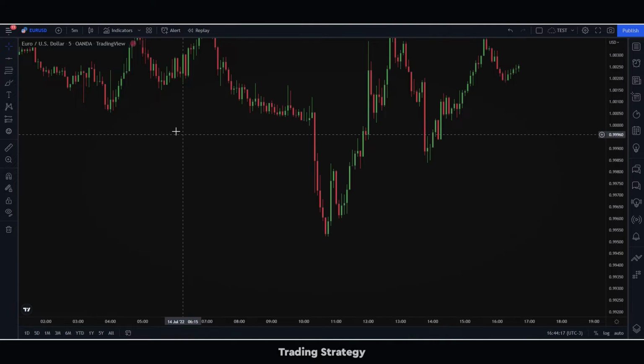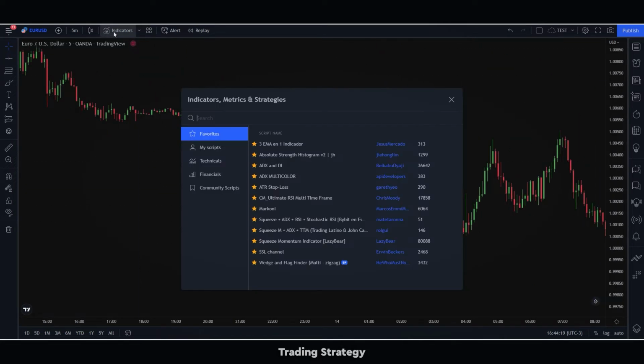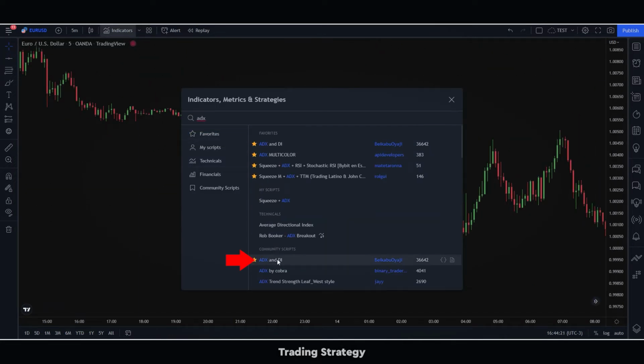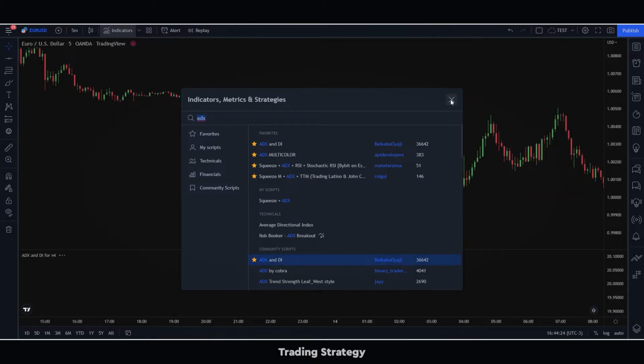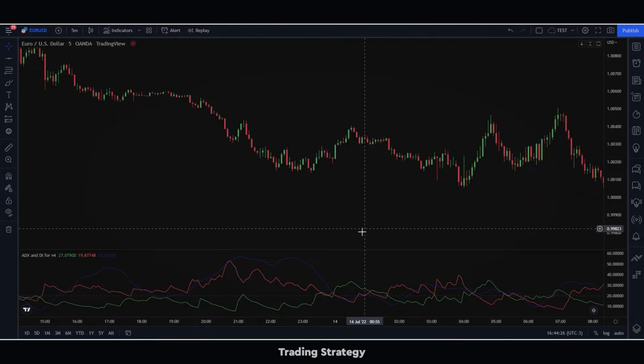The first thing we will have to do is select the ADX plus DI indicator. For this indicator, we will change the ADX line to white and set the trend level to 25.